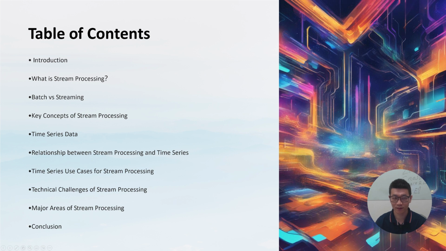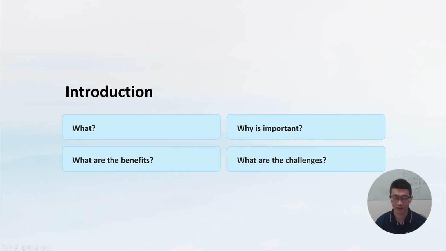Key concept in stream processing. What additional areas it needs to handle compared to batch processing? How does stream processing combine with time series data and is applied in time series scenarios? Finally, we will talk about the main technical challenges of stream processing and the main use cases.